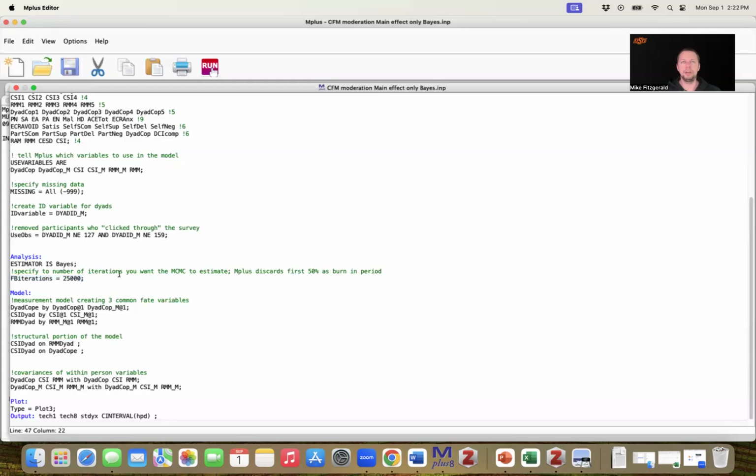And so another way you can think about FBITERATIONS and some messages that you'll see in the output is, if you've done latent class or latent profile analyses with Mplus using maximum likelihood, you're always going to see a message saying, increase the start values, increase the start values, increase the start values. We're going to get the same message for increasing the FBITERATIONS, right?